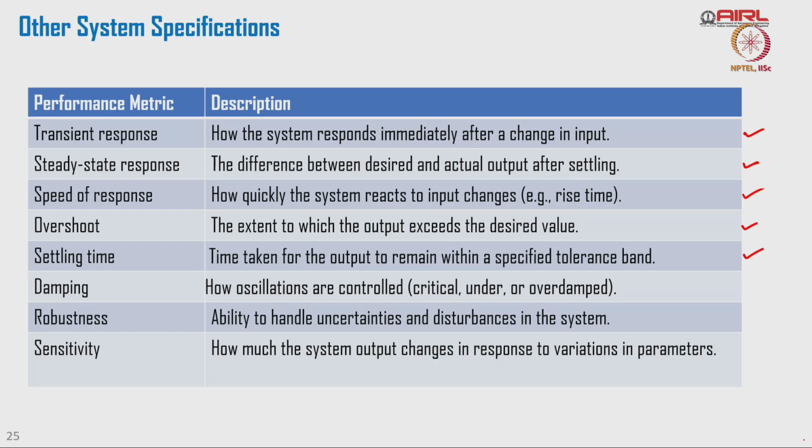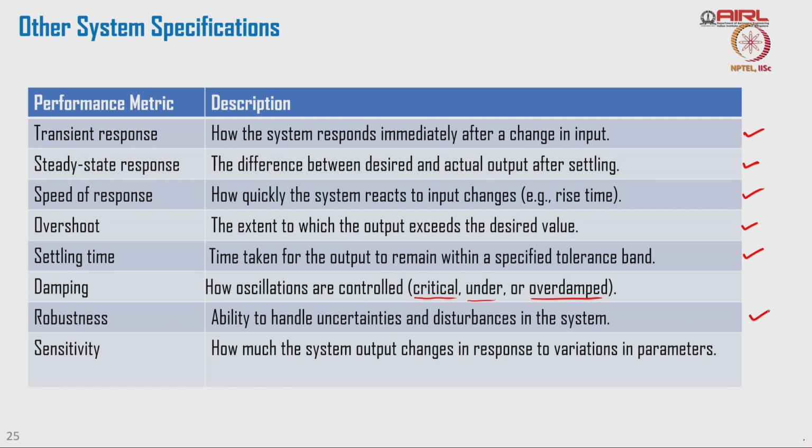If the response of the system is oscillatory initially, then the oscillation should come down and the system should settle down. So, damping tells how oscillations are being controlled. There are several damping cases like critical damping, under damping and over damping. Okay. Robustness is the ability to handle uncertainties and disturbances in the system.